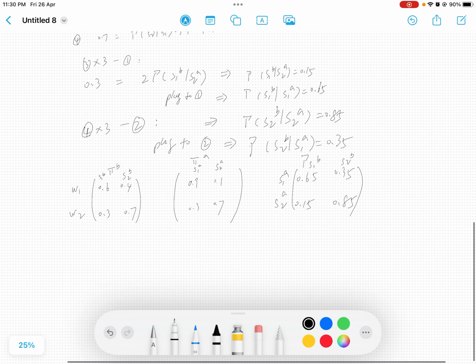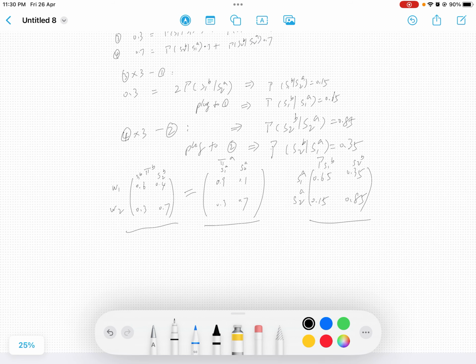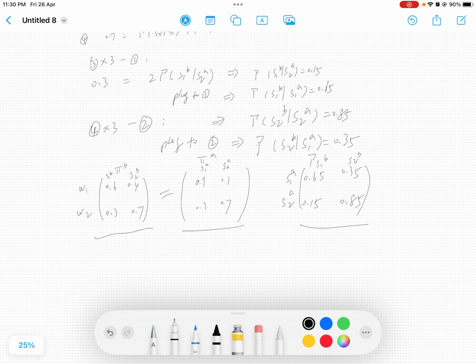All right. So, and we realized that actually pi b is the multiplication of pi a and gamma, right? So this actually equals this times this. And we can see that each row here, they also add up to 1.